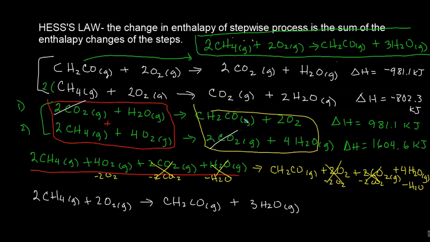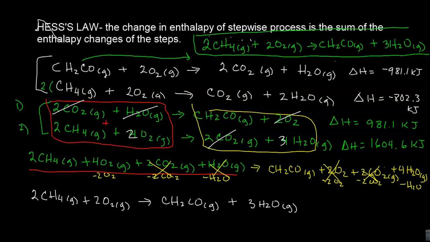As long as you have one on the product side and one on the reactant side, you can cancel those again. I've got a water here and 4 here, so this becomes 3 waters. Okay, I've got 2 oxygens and 4, so that becomes 2. Now I would only suggest you do this if you can really keep yourself organized in your thought process. If you cannot, I really suggest that you write it all the way out.